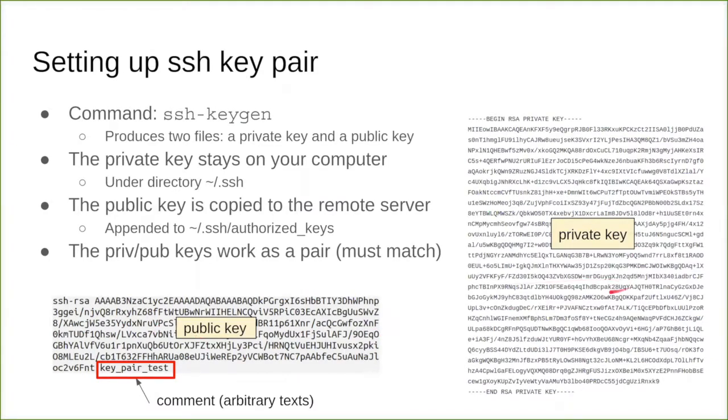And notice that the format of the two keys is quite different. The private key is just a multi-line file containing a bunch of seemingly random characters, right? So this is the key used to encrypt your message. The public key is different, and the look is different. The public key is actually only one single long line, and there are three items. The first item shows the format of the public key. There are different formats for the public key.